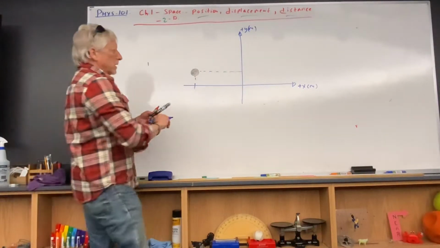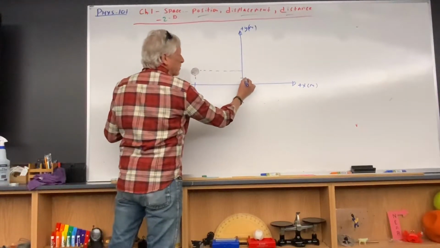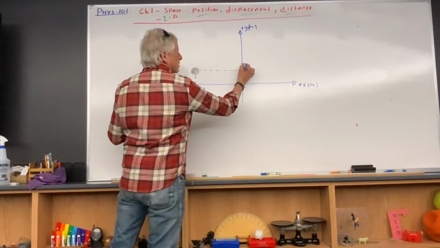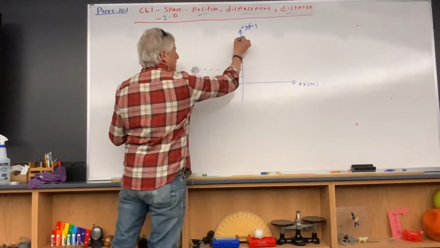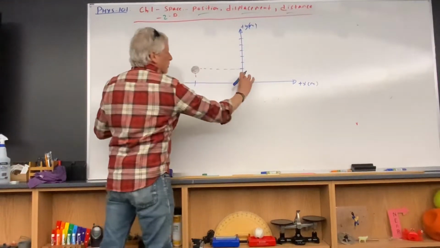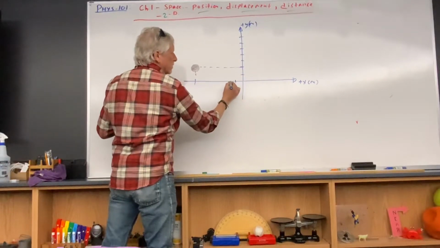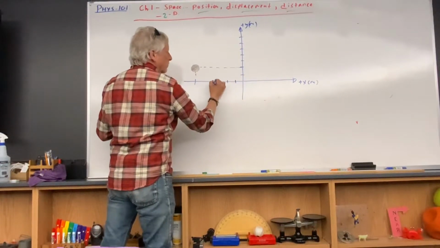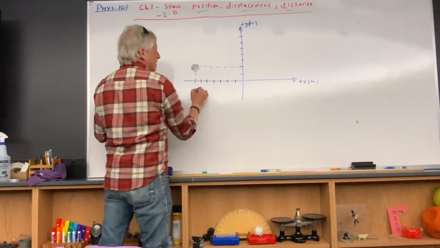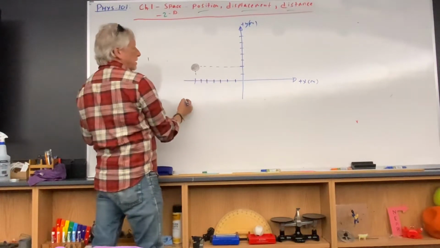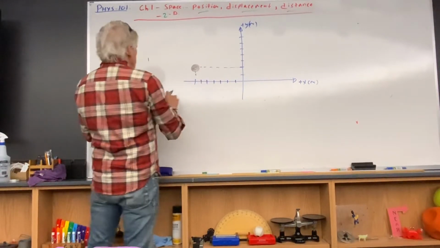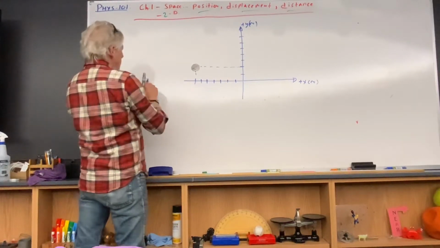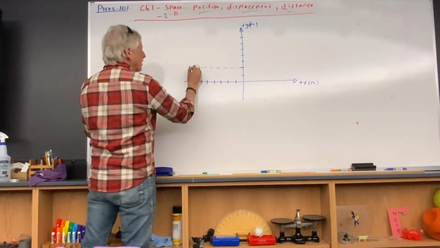And I need to write, let's just say that's 1 meter, 2 meters, 3, 4, 5, 6, 7. And then I'll go over here, try to keep it nice: 1, 2, 3, 4, 5, 6, 7. So there's position 1.